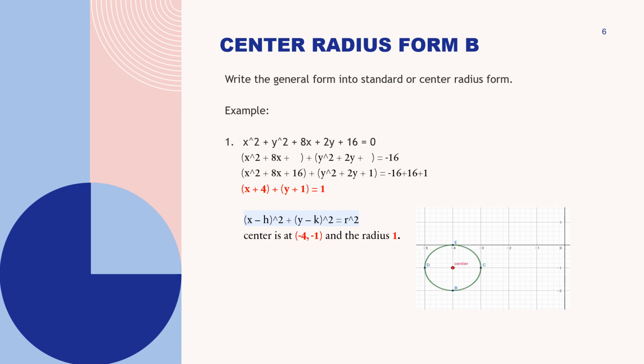So negative 4 is our x-axis and negative 1 is our y-axis. So this is our center, and the radius is 1. So we move 1 unit to the right, left, upward, and downward. And then connect those points and this will form a circle.